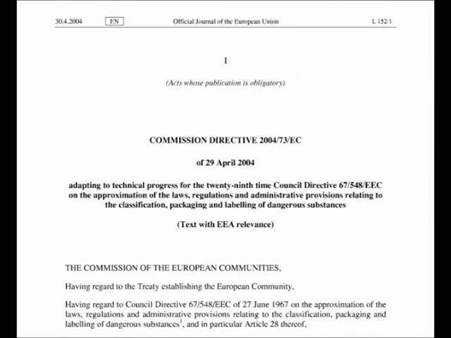The slide in front of you is a page from the official journal of the European Union. It is the front of Commission Directive 2004/73/EC, and it relates to the classification, packaging and labelling of dangerous substances.